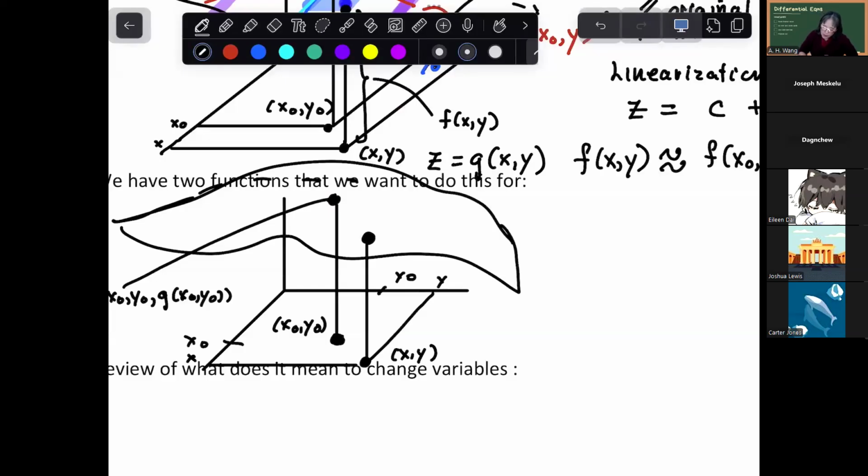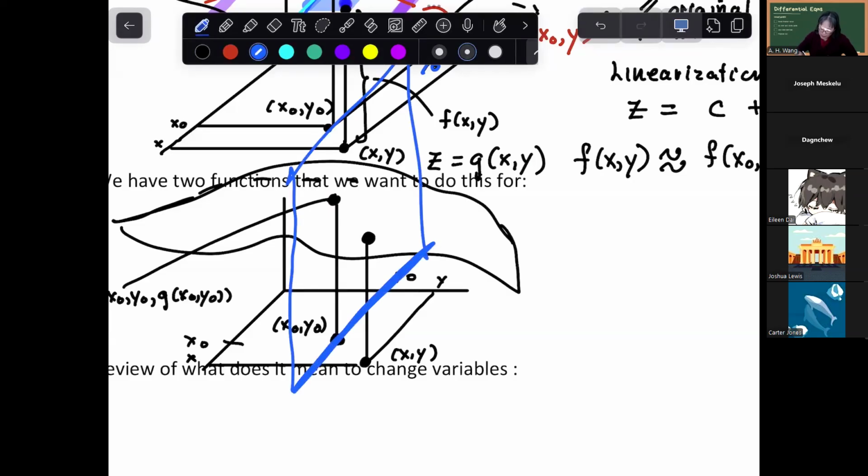But what are you going to do? Again, you slice in this direction, holding y naught. You're going to slice vertically like this.